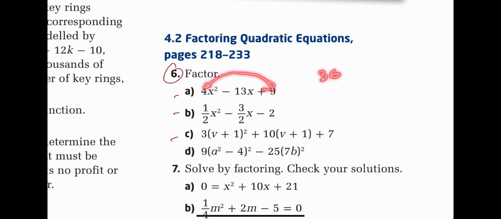And you find two numbers that multiply together to give 36, which are 9 and 4.